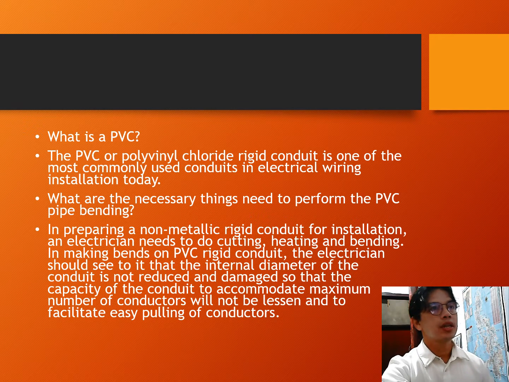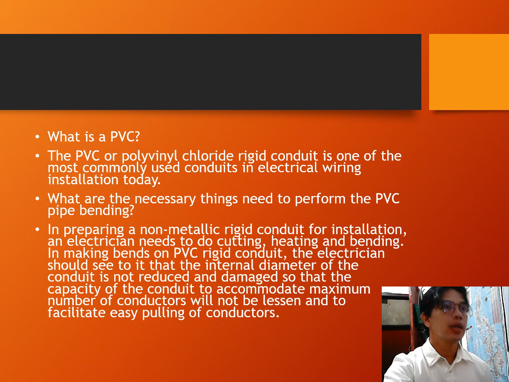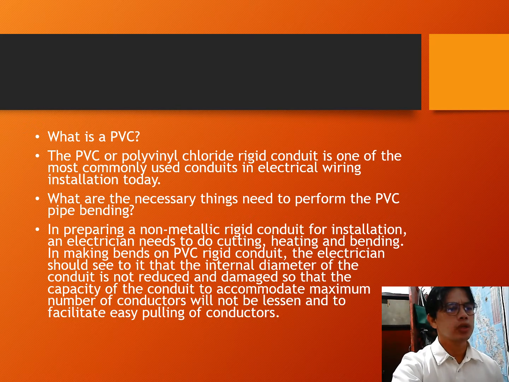There should be no kinks, because some conduits like PVC should have 4 wires, 8 wires, or even large wires. It depends upon the size of the PVC. So it should not be kinked or, shall we say, the diameter should not be damaged.